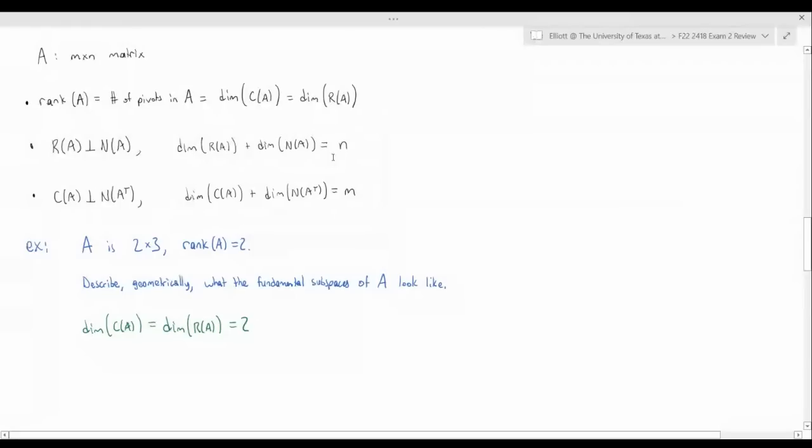So the dimension of the row space, which is equal to 2, plus the dimension of the null space has to be equal to 3, because 3 is the number of columns of our matrix, so n would be 3. Therefore, we can say that the dimension of the null space is equal to 1.